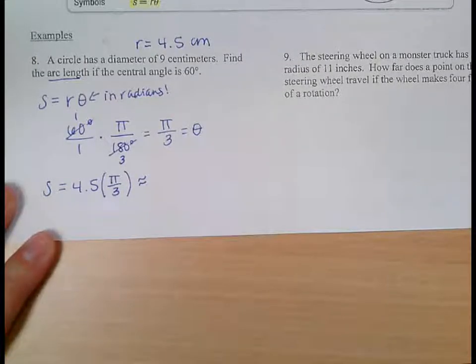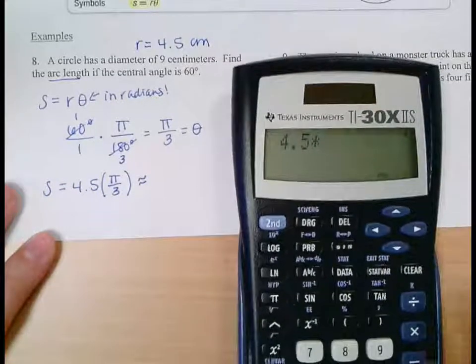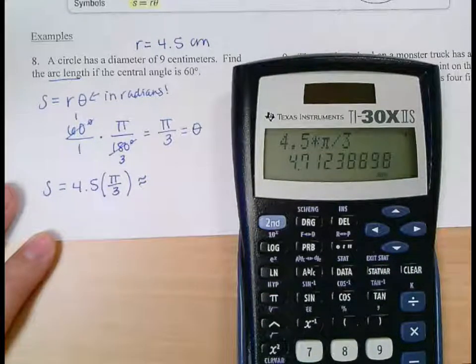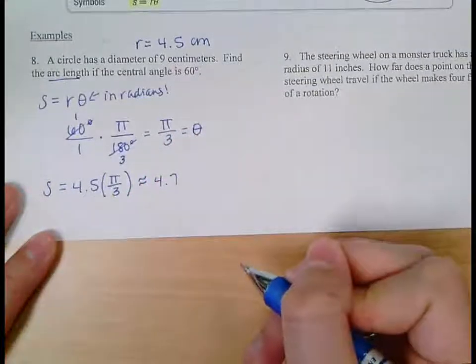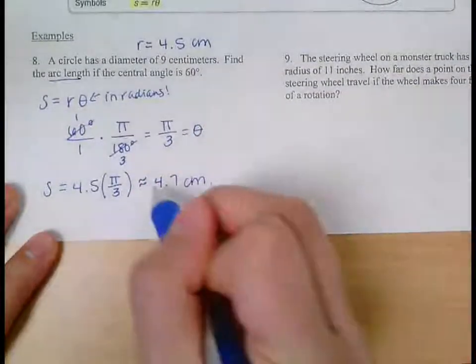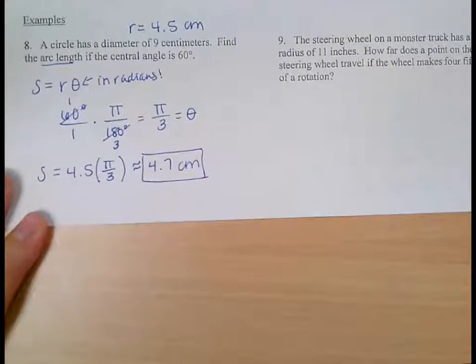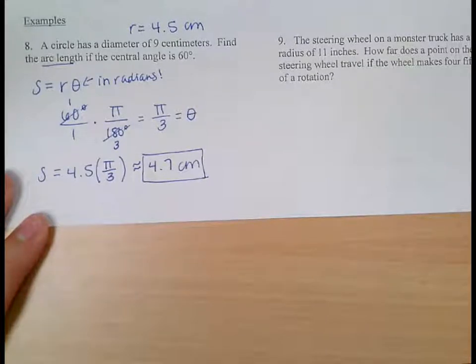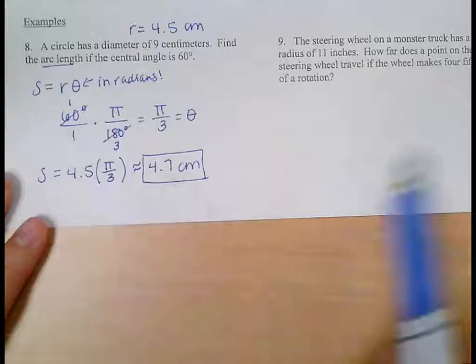So I can calculate 4.5 times pi divided by 3. So it would be about 4.7 if I round it to the nearest tenth. And that would be measured in centimeters for this example. Any questions on example 8? Okay, so that one is very straightforward.